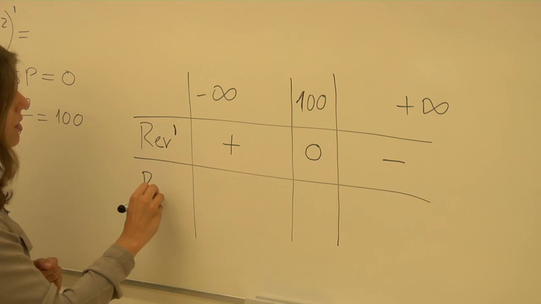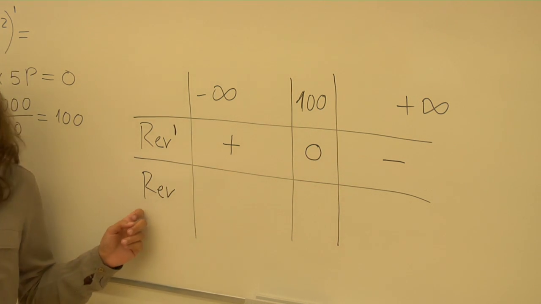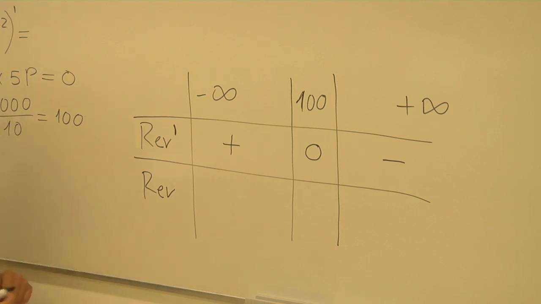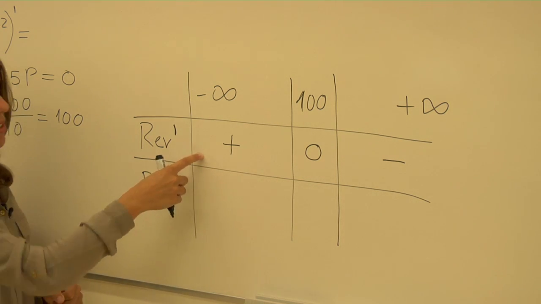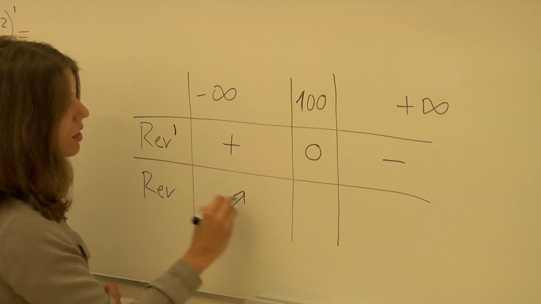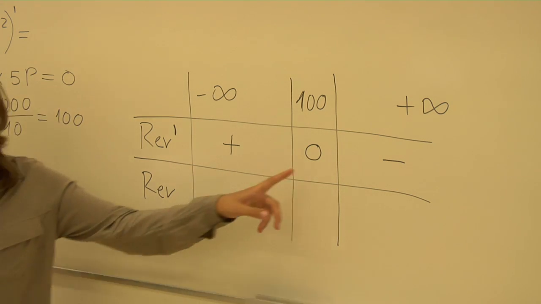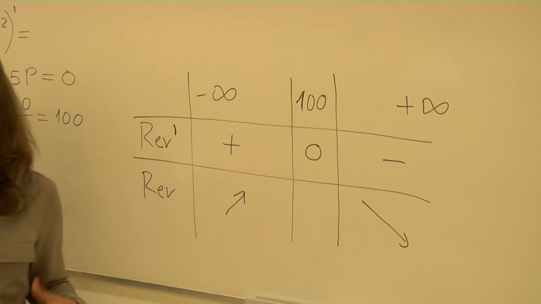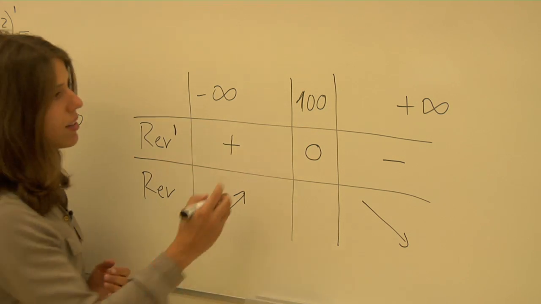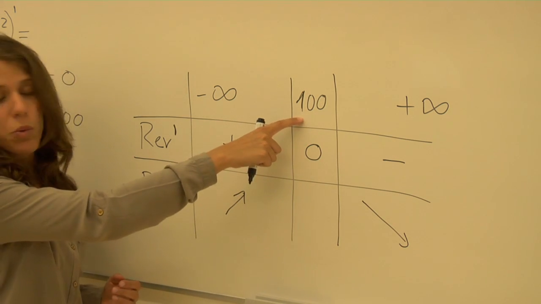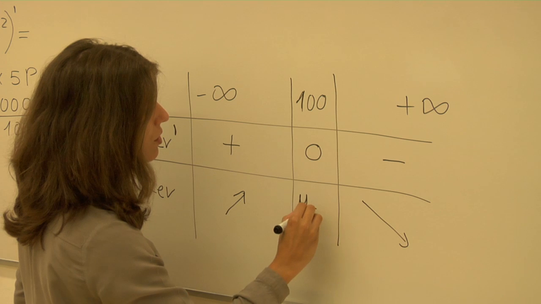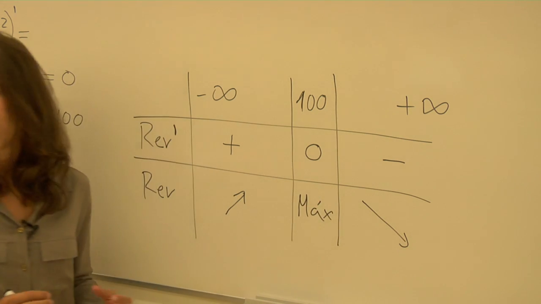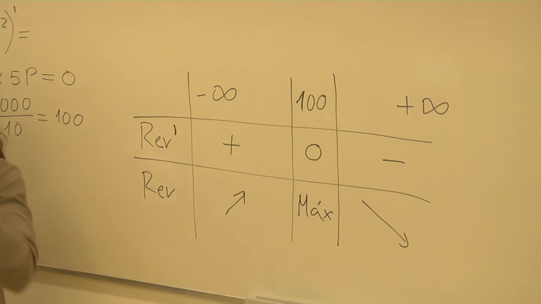What are the implications for our revenues function? Well, when the derivative is positive, the function will be increasing, and when it is negative, it will be decreasing. Therefore, we conclude that when p is equal to 100, we achieve the maximum possible amount of revenues.